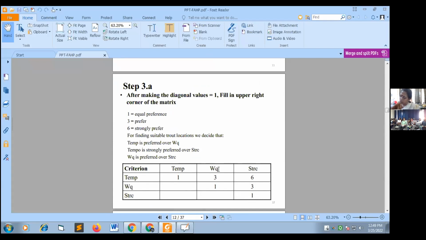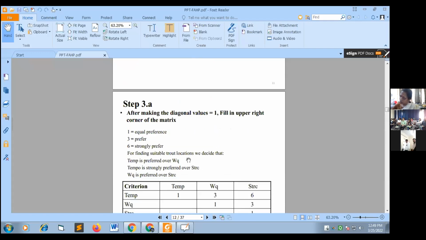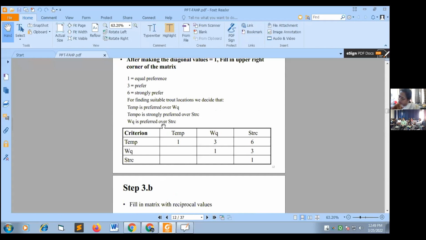If water quality is x, temperature is 3 times better, so we have 3x upon x, the ratio, which means 3.